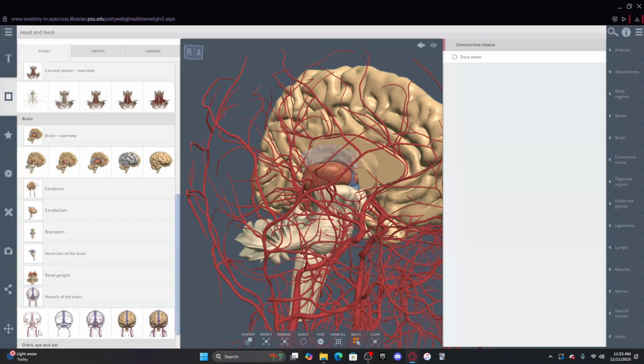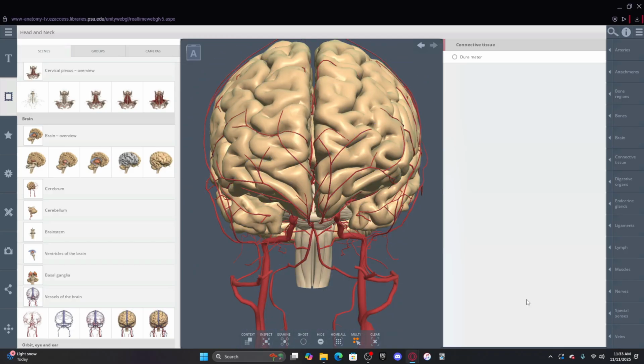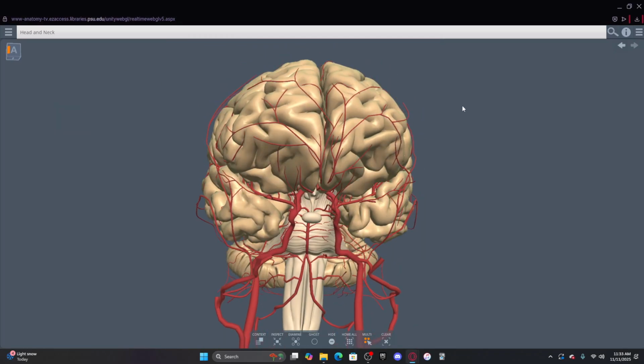I'm just going to do it like this. So I'm going to remove the durovenous sinuses and look at the arterial system, which is the circle of Willis. Remember that one's a venous system and then one's an arterial system.